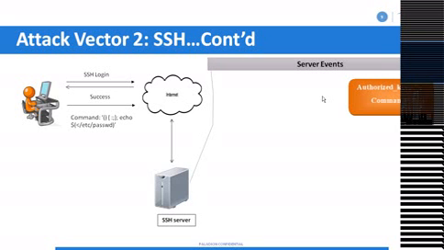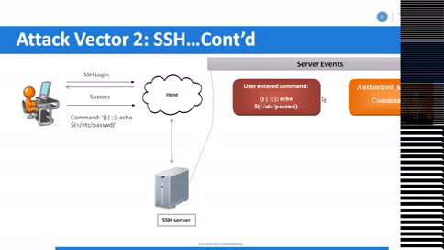These commands you can define in the authorized key file. For the sake of simplicity, we have shown that the authorized key file has a command named command1. Then this is the user entered command. You could see the server event, and finally a bash shell is invoked.